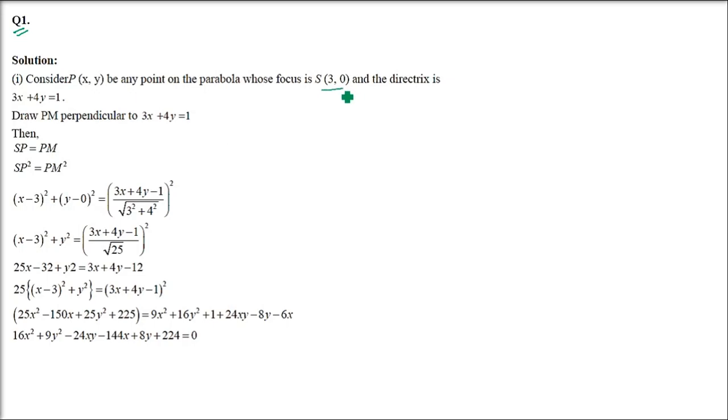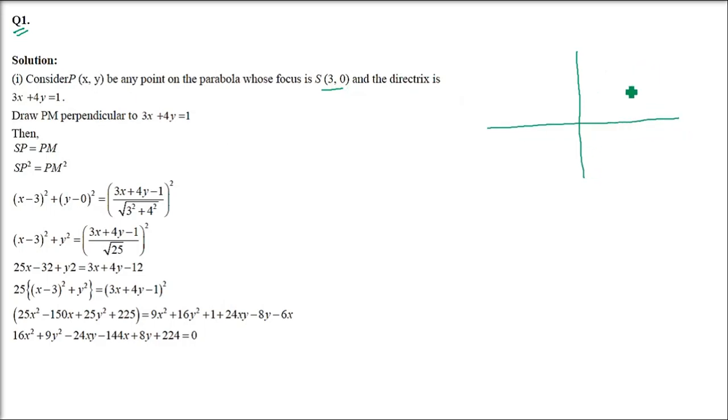So, find the equation of the parabola whose focus is given (3, 0) and the directrix is 3x plus 4y equals 1. So, what is the definition of a conic section?